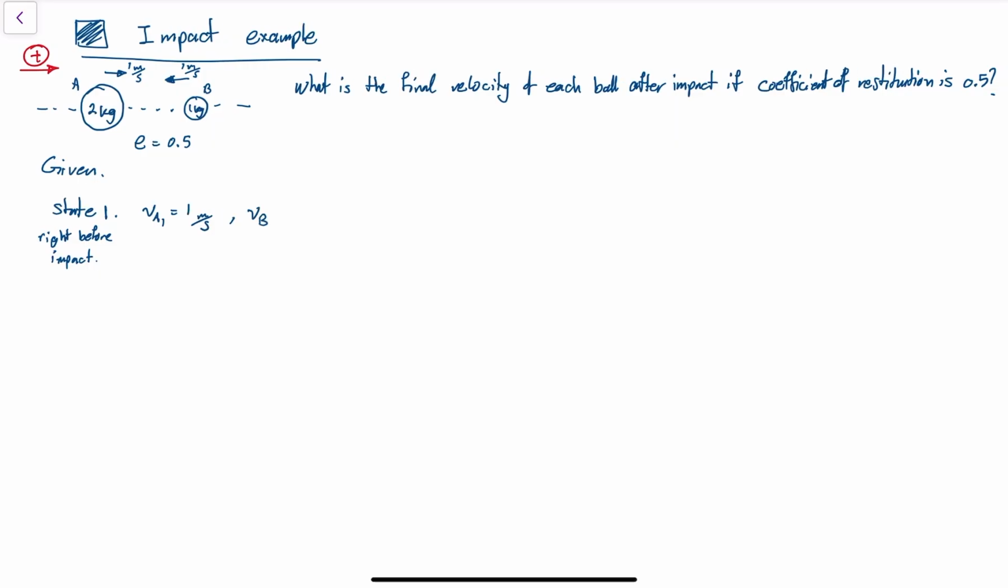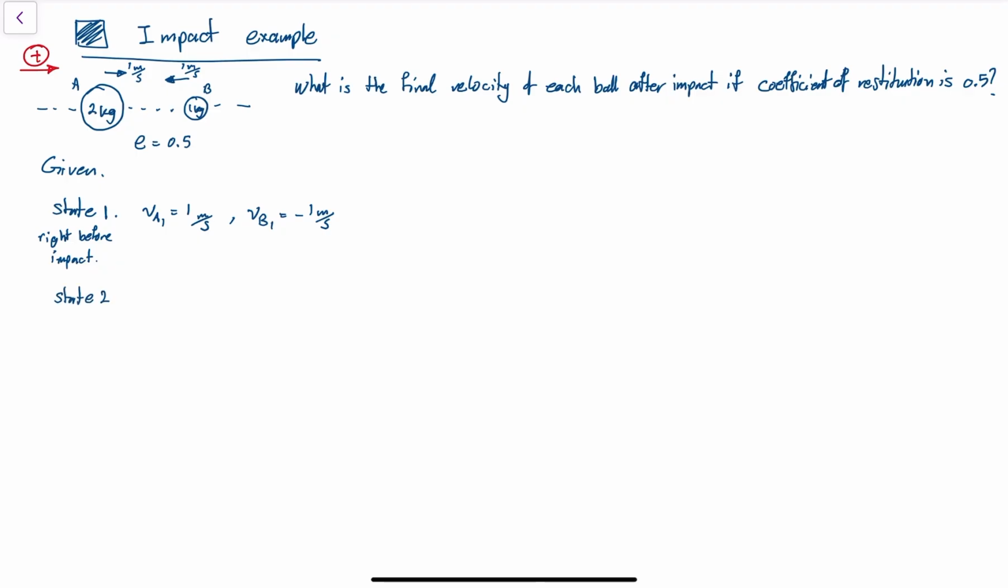And VB, I'm going to write two objects in the same line, VB1 is -1. I don't know any other information about the states of these two objects other than the speeds. I don't know where they are. I don't know any information about time. So that is really all I know.